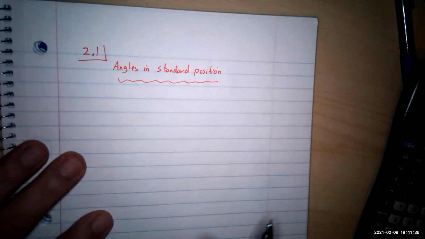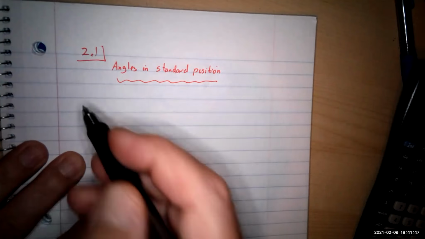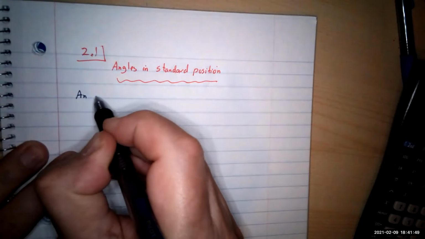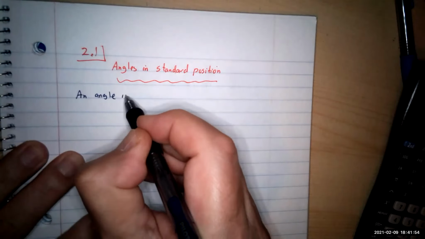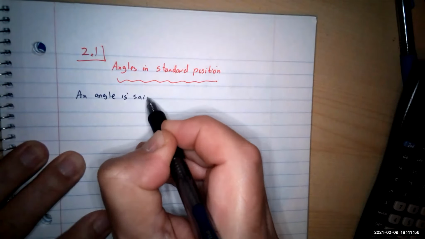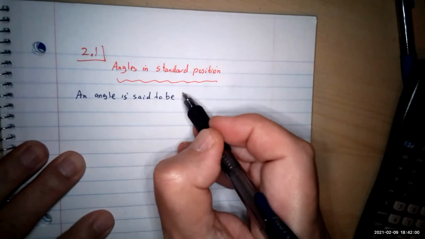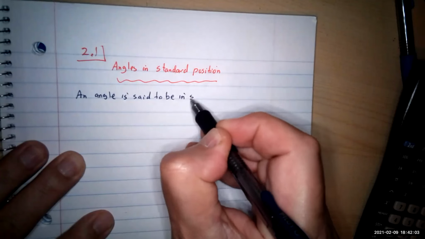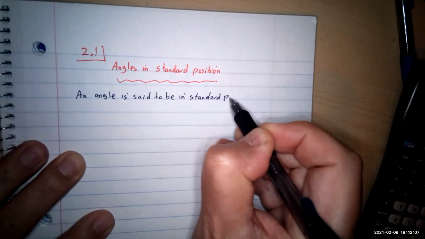Okay, so an angle is going to be in standard position if it's centered, if you like, with its vertex at the origin, and the initial side is on the x-axis. Okay, so I give you the definition. An angle is said to be in a standard position.